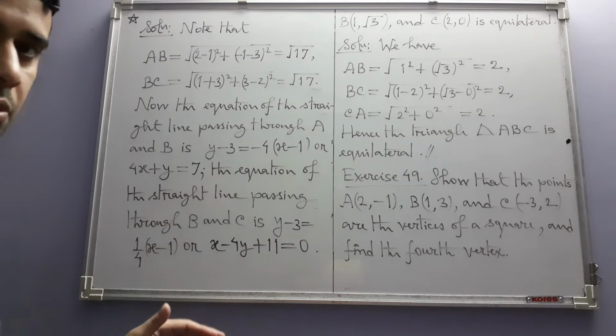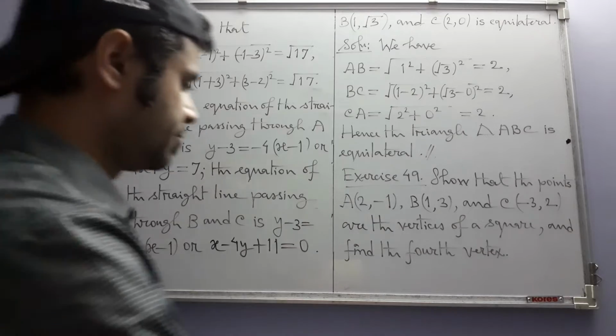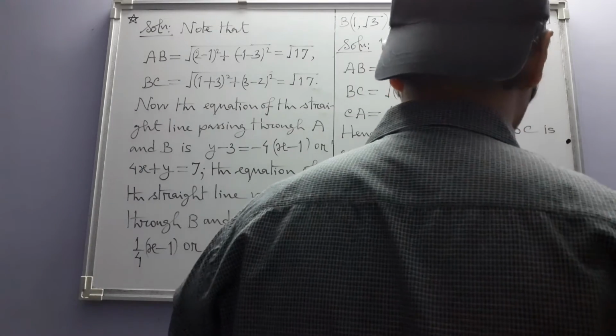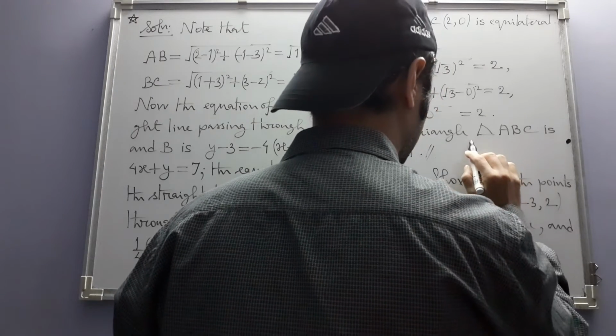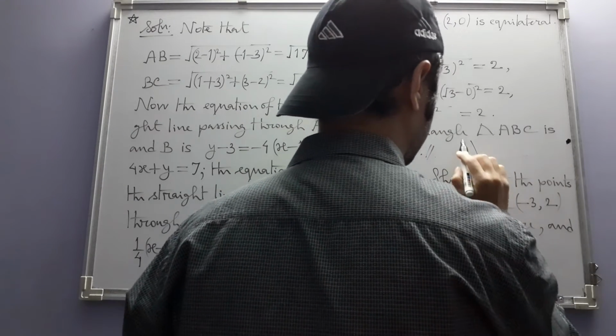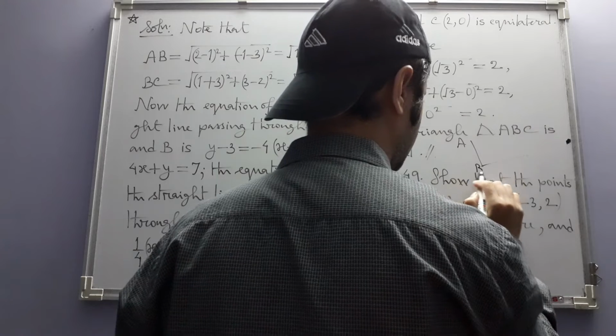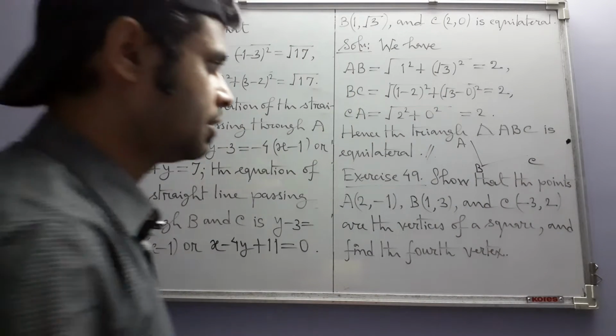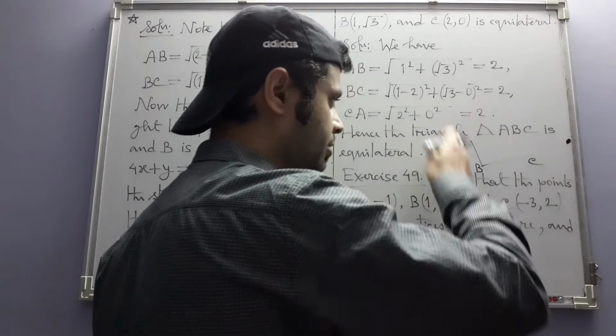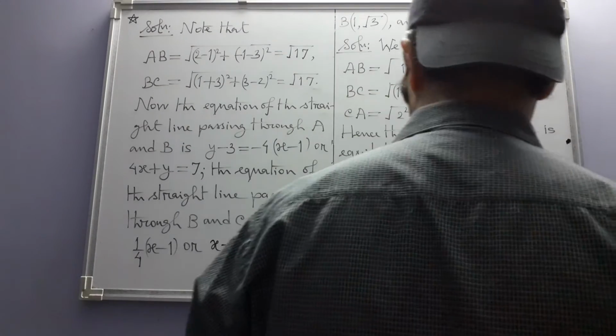So the lines should be perpendicular. Wherever these points A, B, C are, they will look like this: A, B, C. The lines are perpendicular to each other.